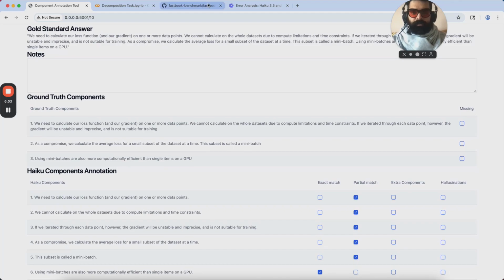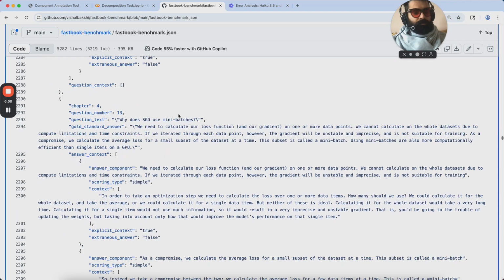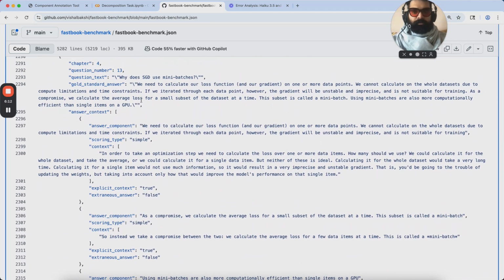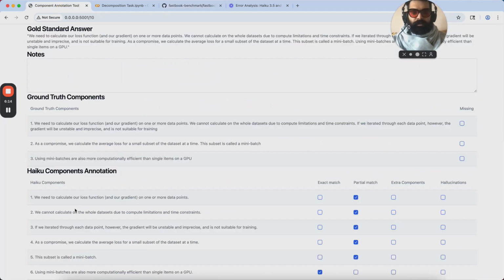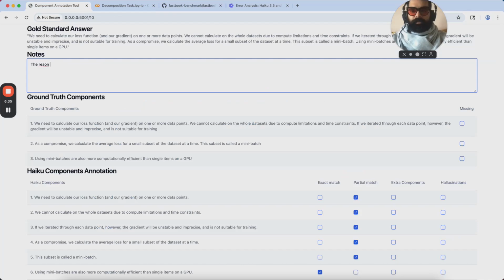And then this one is an exact match. So the reason I've combined these 3 into this one here is that calculating the loss on the whole data set is not ideal, it takes a very long time. Calculating it on the single point is imprecise.